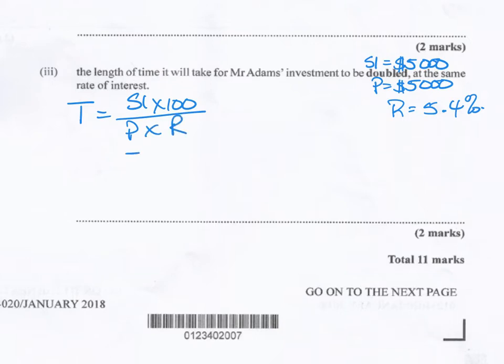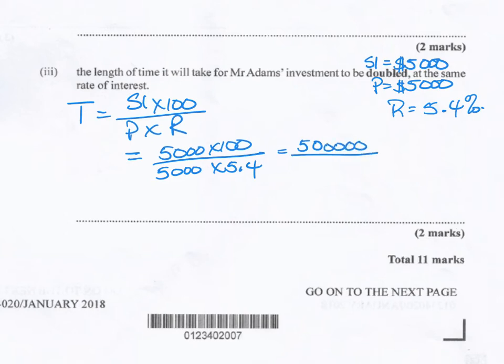So that would give us 5,000 multiplied by 100 over 5,000 by 5.4, and that gives us 5 over 5,000 multiplied by 5.4, 27,000. So that gives us 18.5 years.